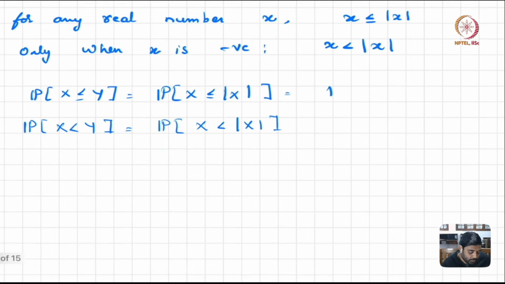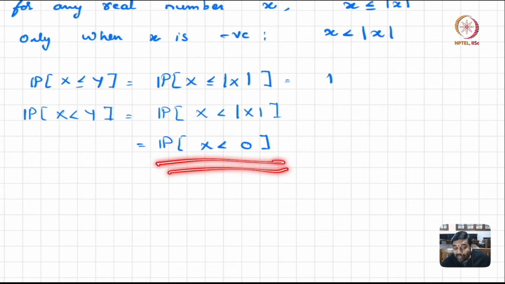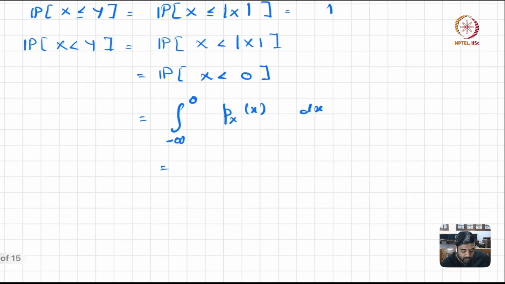So therefore, this has to be the probability of x less than 0. And the question is, do we know how to calculate this? Yes, we actually know how to calculate this. This is nothing but the integral from minus infinity to 0 of p_X(x) dx. Now the effective range is minus 1 to 0 of 1 over 3 dx, which is 1 over 3.